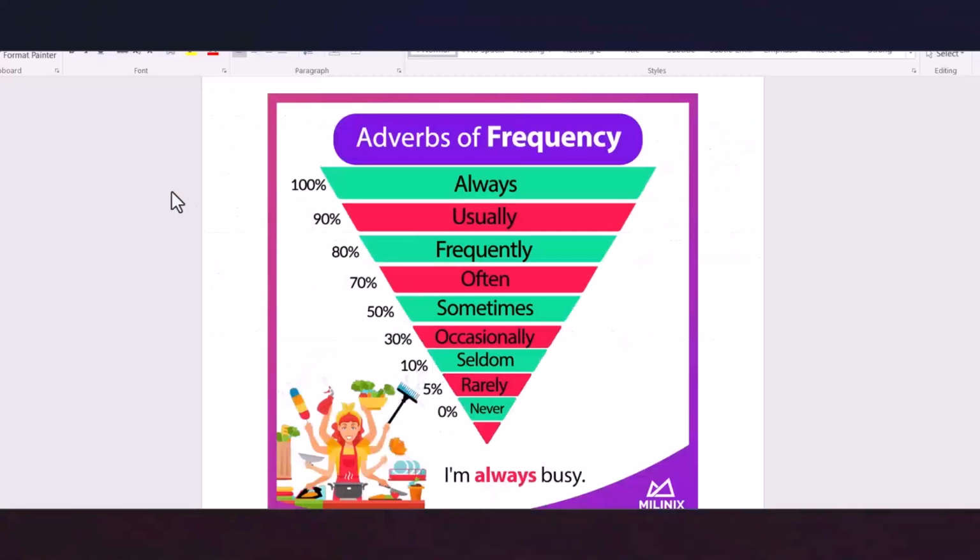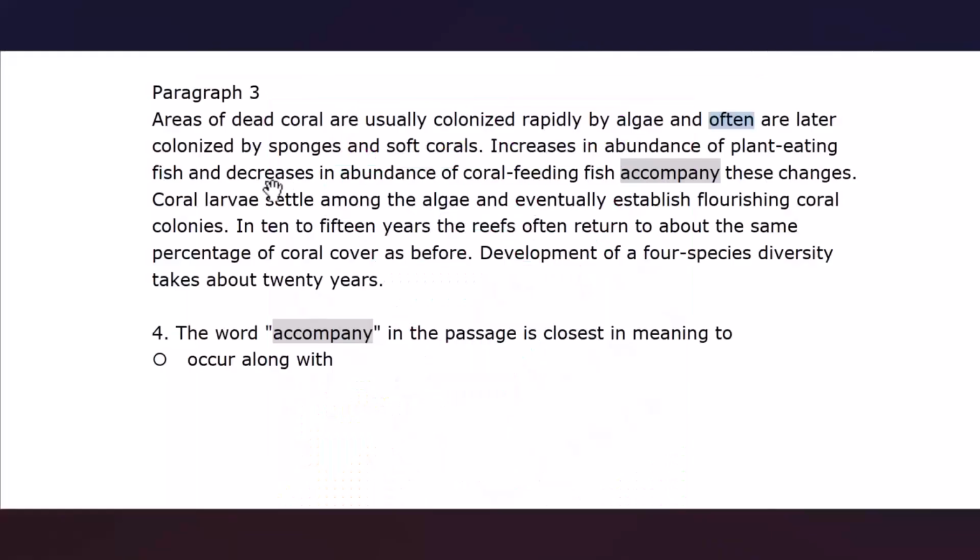In this infographic, we see an important picture showing us when we should use adverbs of frequency. We say something always happens when it happens 100% of the time. We say something happens usually when it happens 90% of the time, frequently 80% of the time, often 70% of the time.